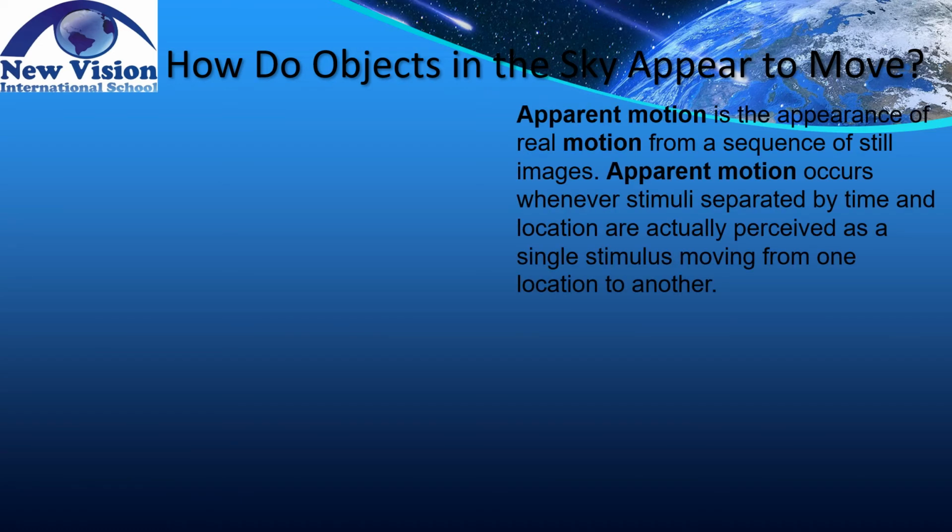So when we say apparent motion, it is the appearance of real motion from a sequence of still images. Apparent motion occurs whenever stimuli separated by time and location are actually perceived as a single stimulus moving from one location to another.